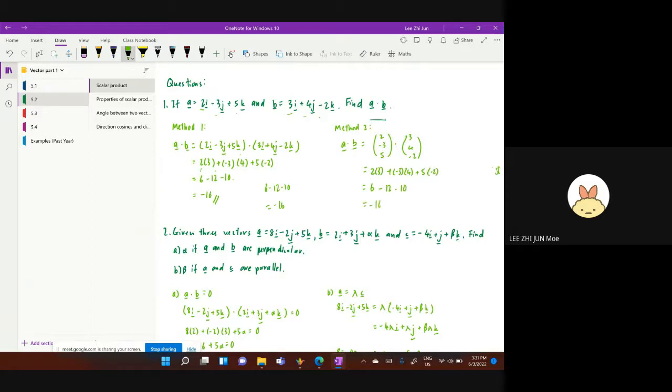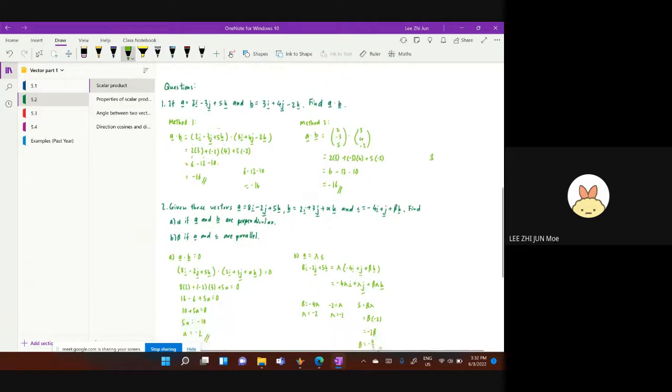So the final answer will be negative 16. Using this bracket form is easier to see compared to the form with ijk. You will not get confused easily.